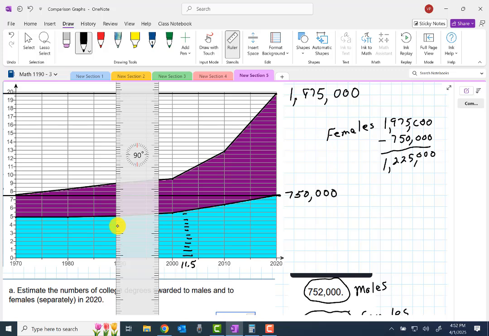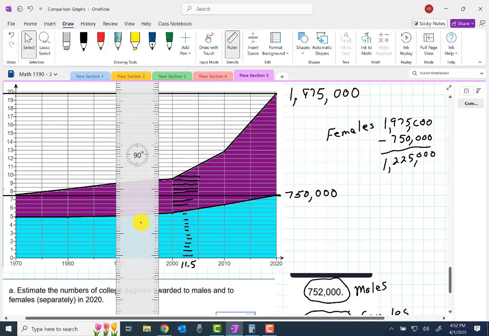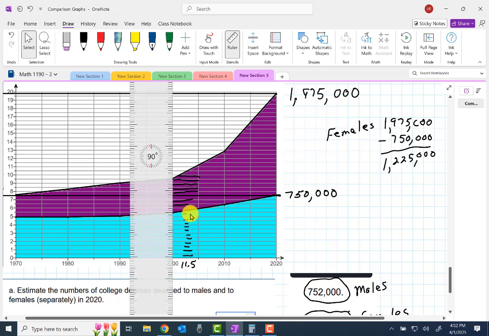And then the females, it's hard to say about that, but I'm going to go 1, 2, 3, 4, 5, 6, 7, 8, and then a little bit, 8.5, maybe 9. So not quite. Now, as the years progress, more and more females are taking courses, and the males are, well, they're kind of going up, but not as much as the females are.